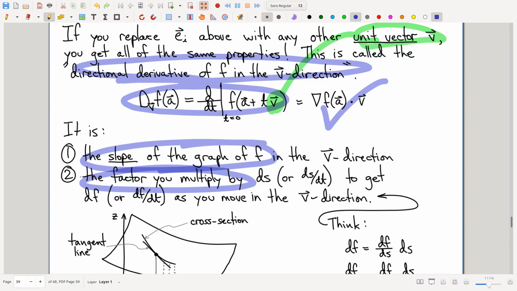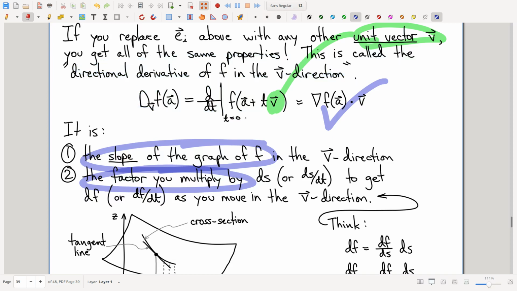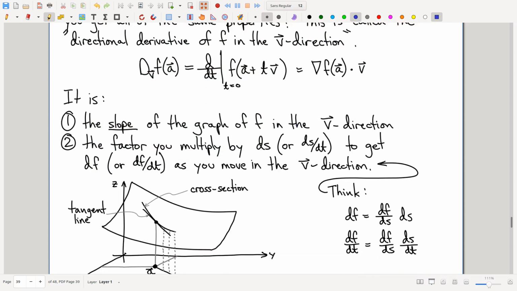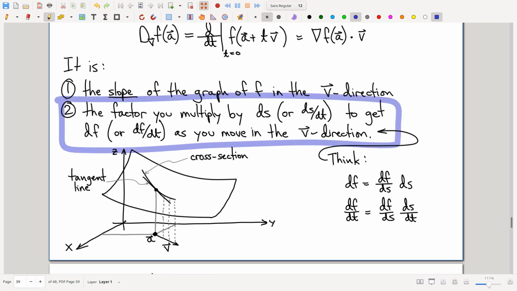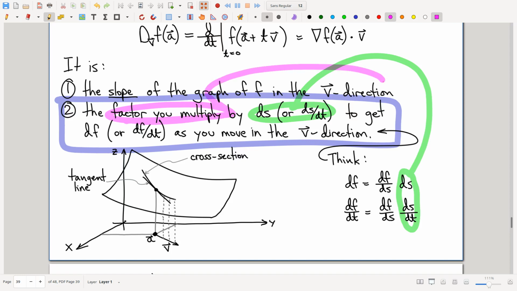All right. Now we're going to do a couple of examples on the next page, but before we do, I want to introduce one little bit of notation. Looking at this interpretation right here, that this is a multiplicative factor. It's what I multiply by ds to get df, or feel free to make those velocities, take your pick, right? I claim, if you think about it, this is getting multiplied by a factor to give this.